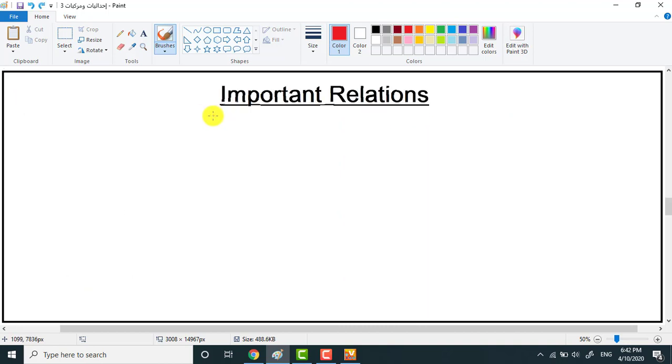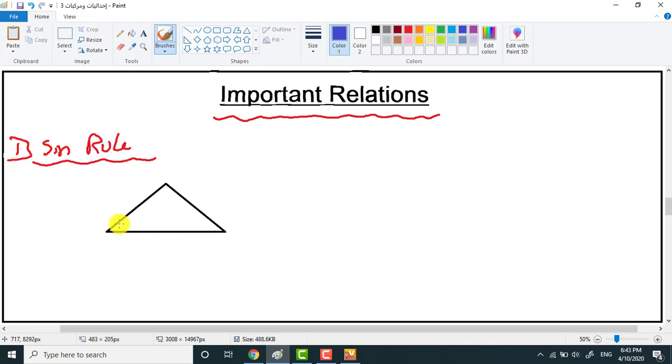In this subject, we use some important relations. We have to remember them. First, sine rule. If we have here a triangle, this is theta 1 and theta 2 and theta 3. This is L1 and L2 and L3.